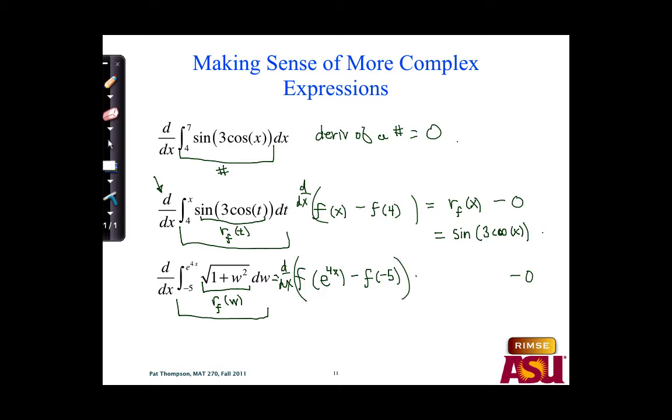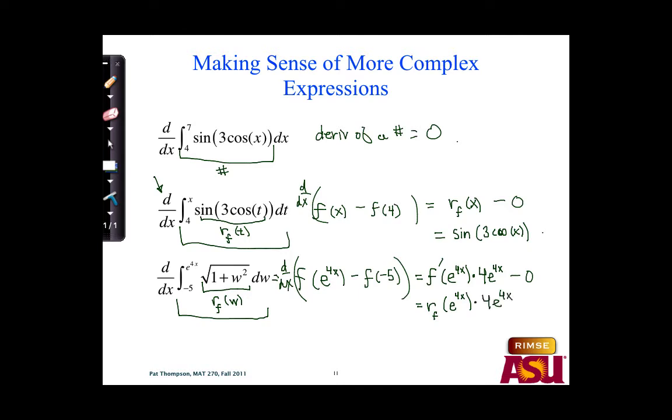So to take a derivative with chain rule, I'm going to take the outside's derivative, leaving the inside alone, and multiply on as a second factor the derivative of this inside function, which would be, well, really chain rule again, but 4e to the 4x. The derivative of e to the 4x is e to the 4x times 4. Or, using our other notation, this is r sub f of e to the 4x times 4e to the 4x.